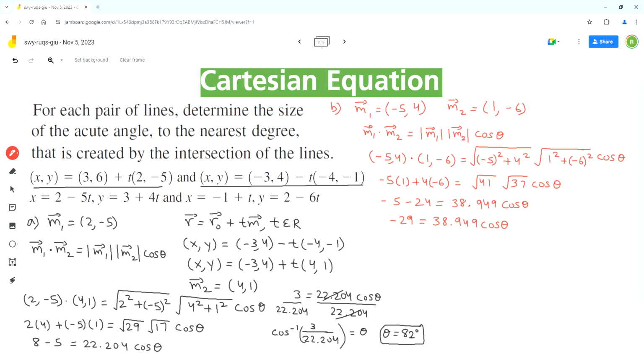Now we can divide both sides by 38.949. Now we can do the inverse of cos.